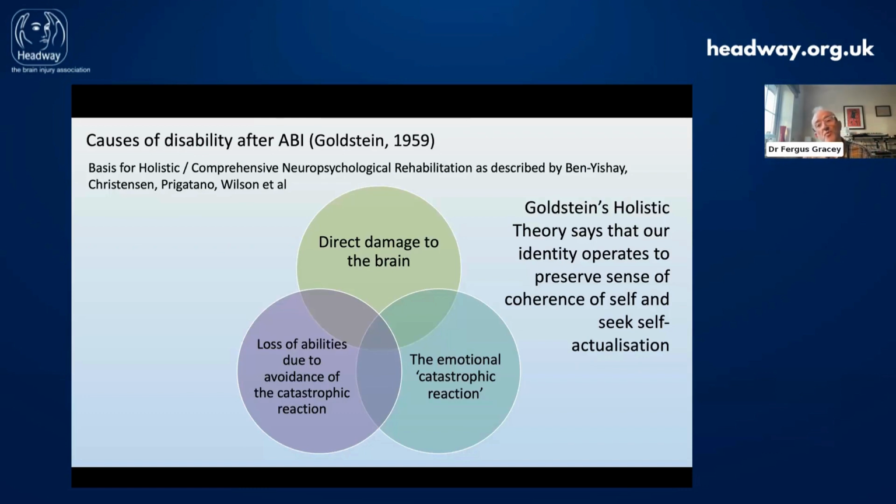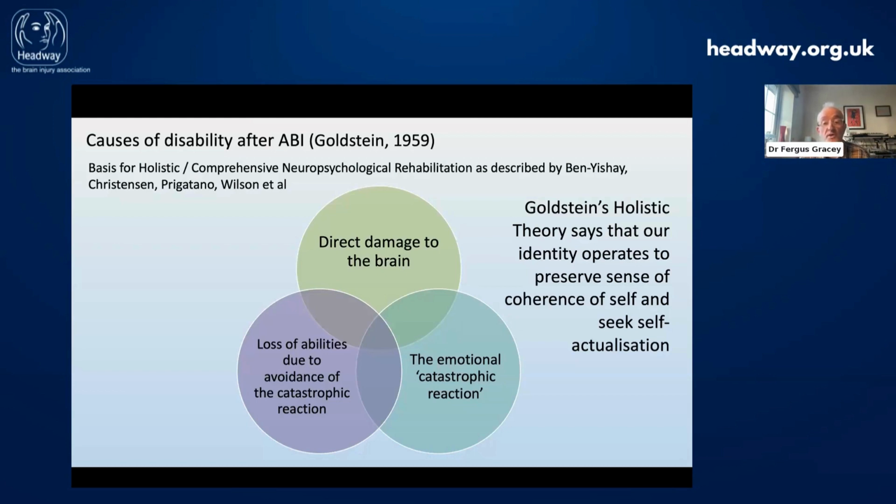Now, because of our identity trying to preserve a sense of coherence, the moment these sudden changes happen, we're vulnerable to having what he calls an emotional catastrophic reaction, an emotional reaction of the self to this very significantly changed circumstance. That can also have an impact on our ability to do things.